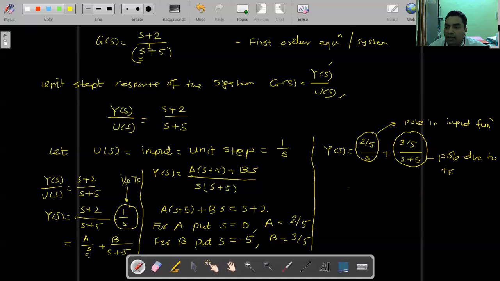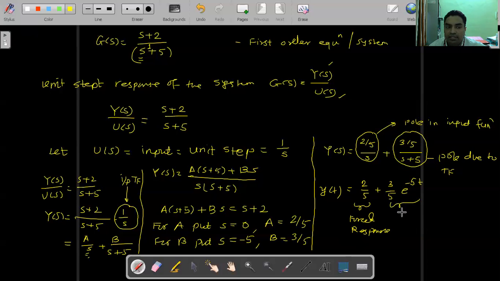So if I take the inverse Laplace transform of this Y of s, if I want to determine the response, y of t is equal to 2 upon 5 plus 3 upon 5 e raised to minus 5 into t. Now here in this case, this is called the forced response.